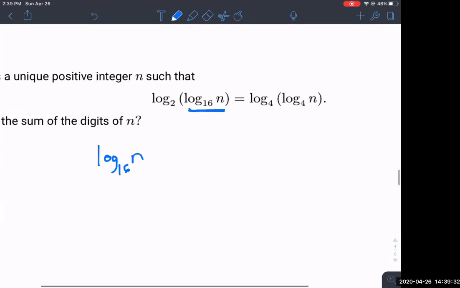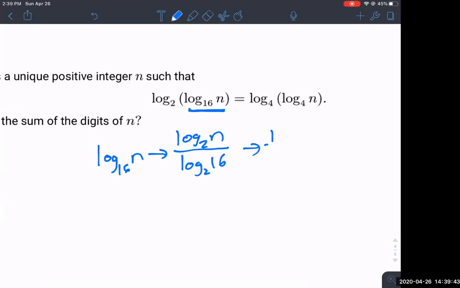We can turn that into log base 2 of n over log base 2 of 16, which is just 1/4 log 2 n, since log base 2 of 16 is just 4. So on the left-hand side, we have log base 2 of 1/4 log base 2 n.